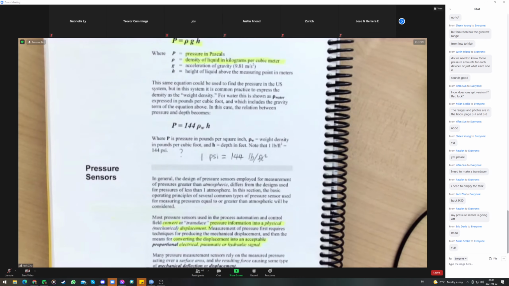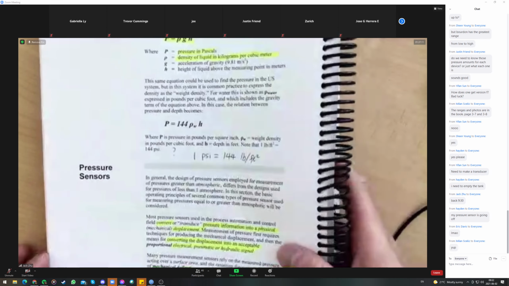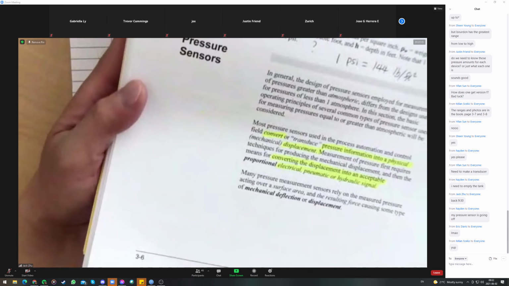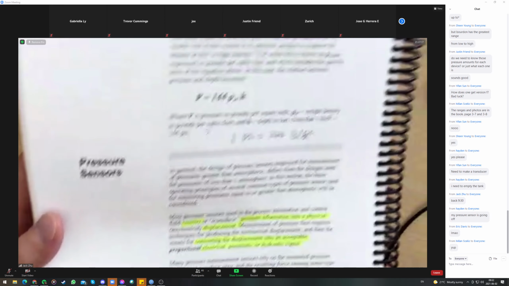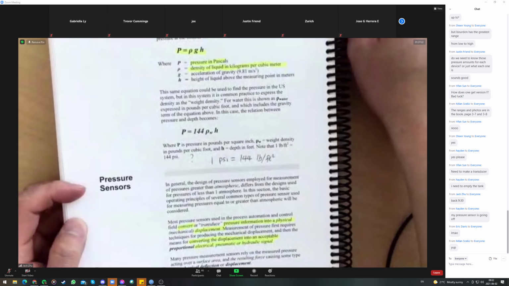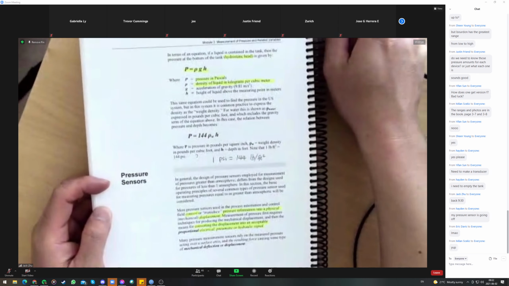Sorry, what page is that? I think page 306, 3-0-6 in my book. It's right above the pressure sensor down there. Thanks.